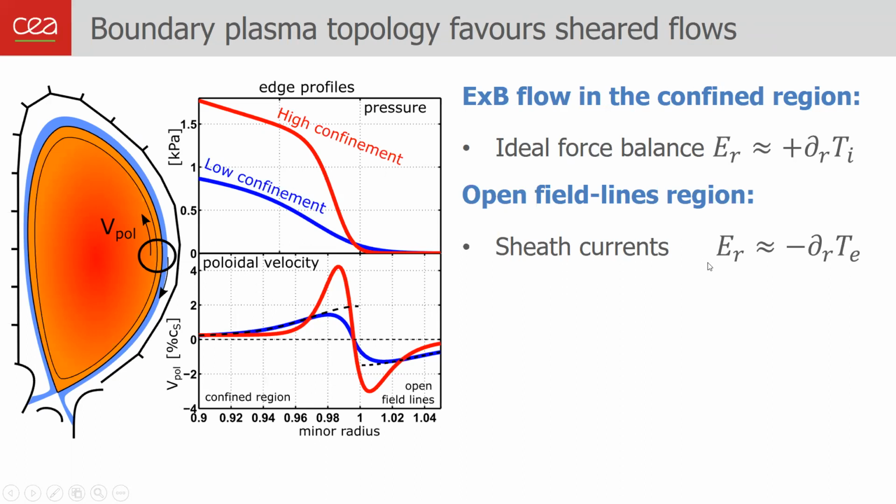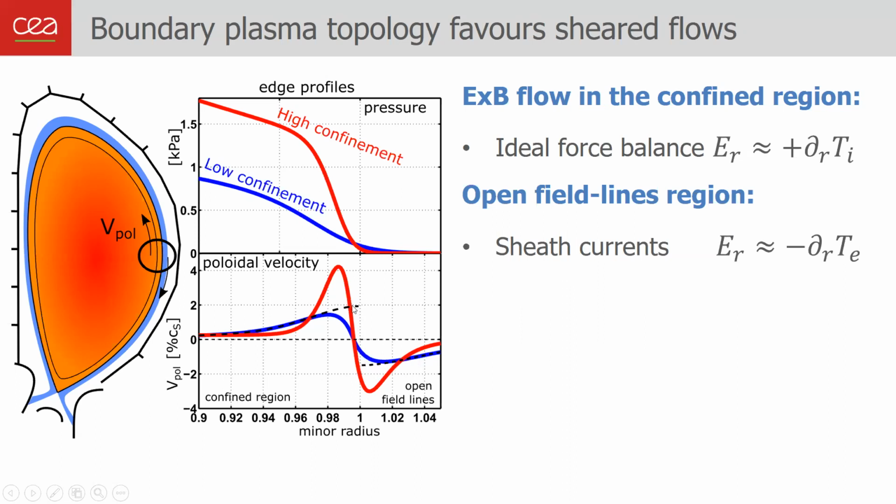Now, in the open field line region, things are a bit different because plasma is connected to the wall, and so you have sheath currents allowed to flow from the plasma to the wall, and this imposes a condition on the plasma potential. And it turns out that the radial electric field at the boundary is opposite to the temperature gradient. And so you have naturally this difference of velocity.